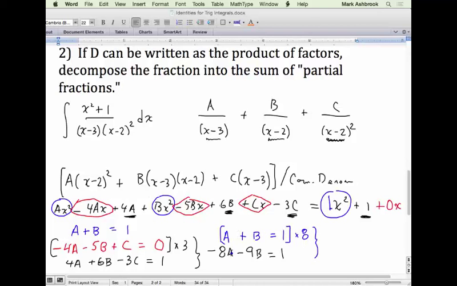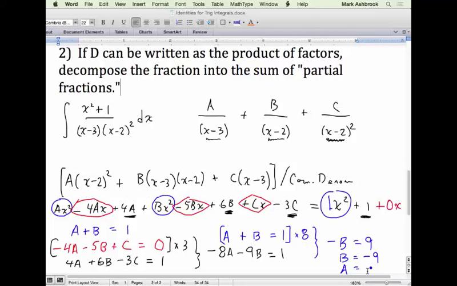So 8a plus minus 8a is 0. 8b and minus 9b, negative b. And then 8a plus 1. So I got b is negative 9. That would make a positive 10 from that first equation.